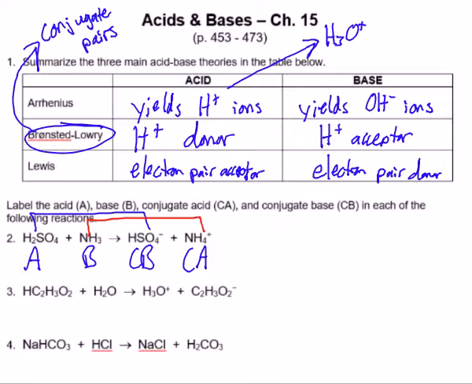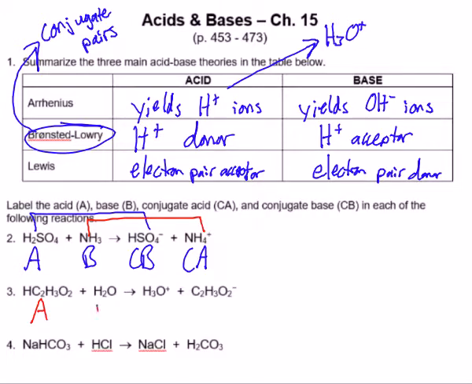Number 3. Anybody can tell me number 3? Joe. Acetic acid? Acetic acid. Which one, though? HC2H3O2. Yeah. This is my what, then? Acid.